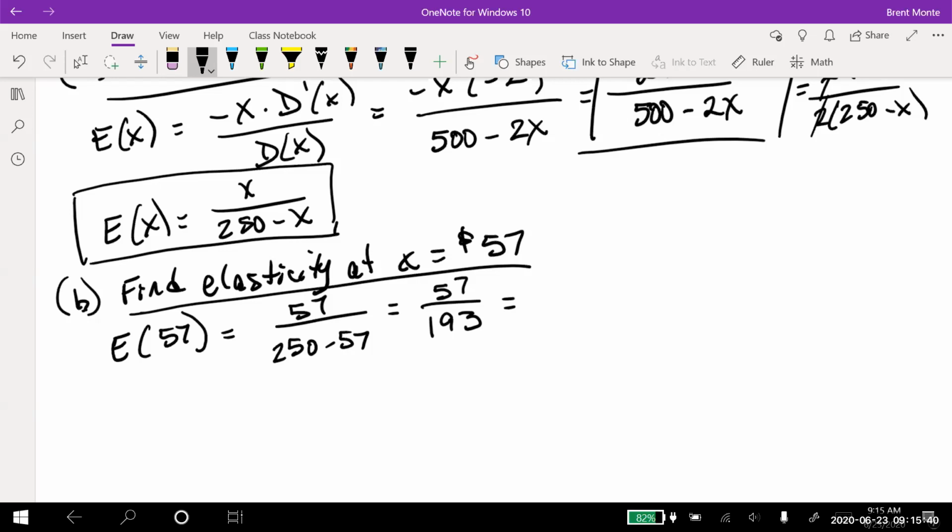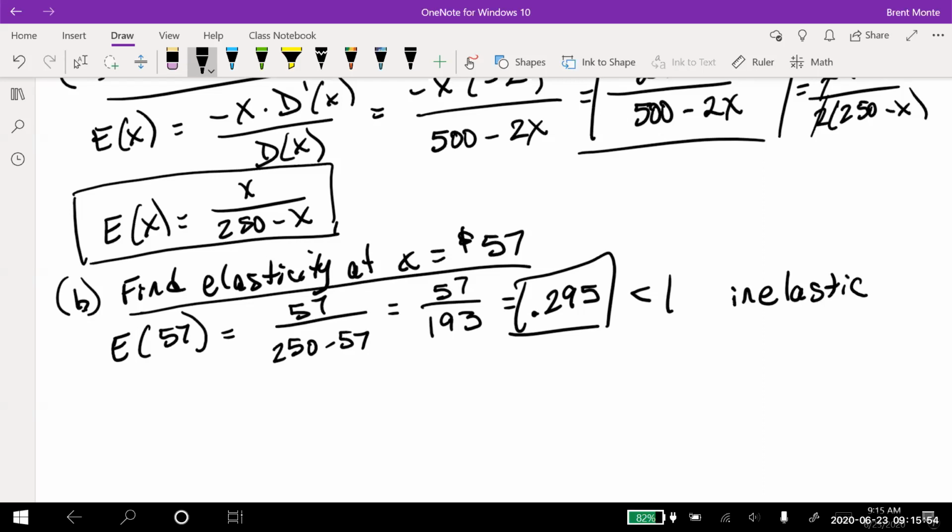I get 0.295. That's our elasticity. Since that's less than 1, we say it's inelastic. Now, we know from what we talked about before, since it's inelastic, we want to increase the price to maximize revenue.